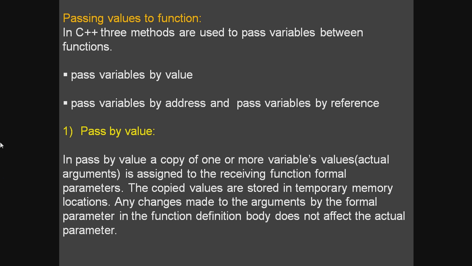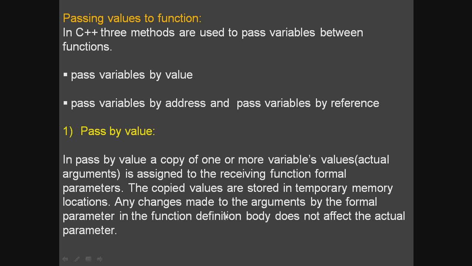In pass by value, a copy of one or more variable values, that is the actual arguments, is assigned to the receiving function, that is the formal parameters, the variables which are accepting the actual arguments. The copied values are stored in temporary memory locations. So not the original value, but a copy of the original value of the actual arguments is stored in another temporary memory location.